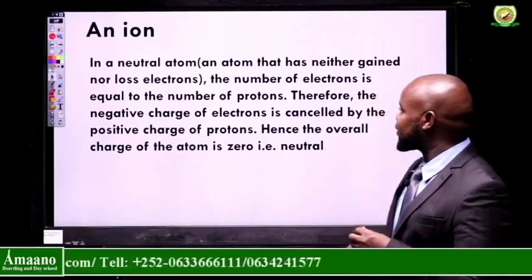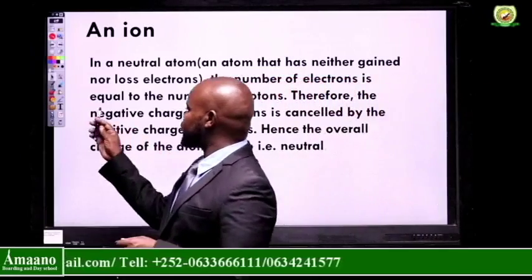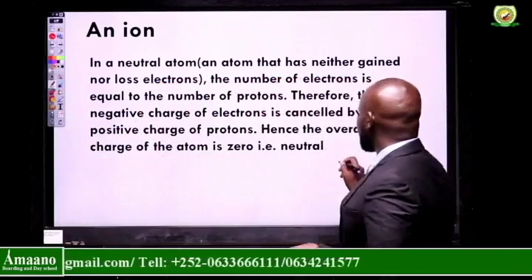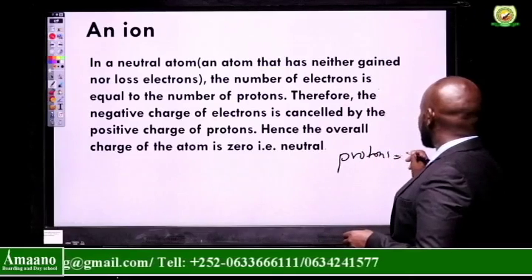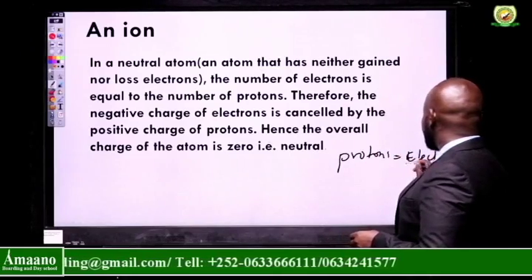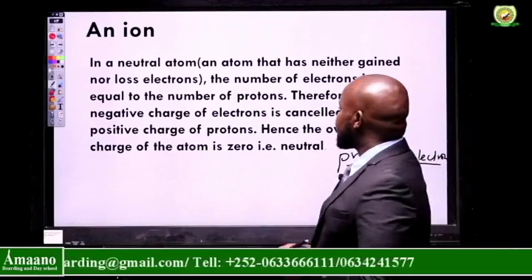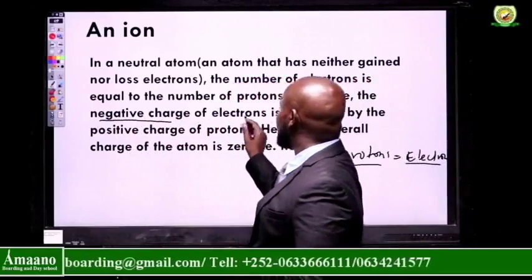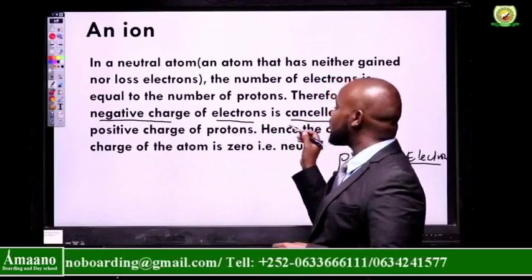In that neutral atom, the number of electrons is equal to the number of protons, right? Therefore, the negative charge of the electrons is cancelled by the positive charge of the protons.